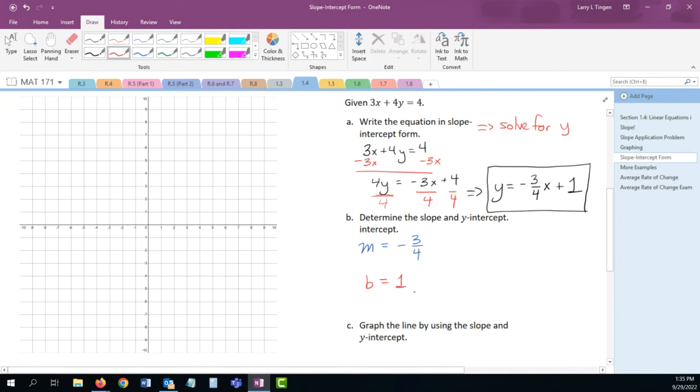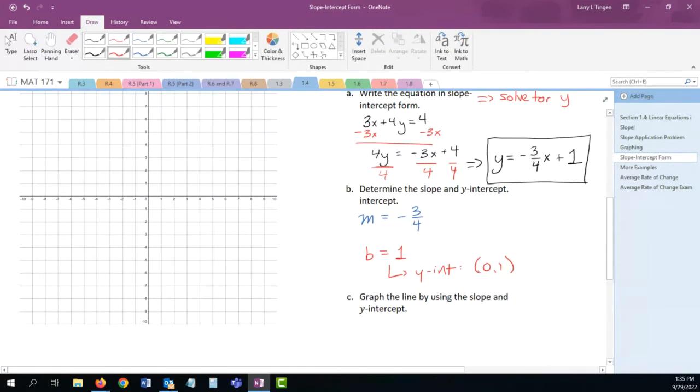The b value here is 1, which means my y-intercept is the point 0, 1. So let's plot 0, 1. And then we're going to chase the next point using our slope, right? Because remember, slope is average rate of change.